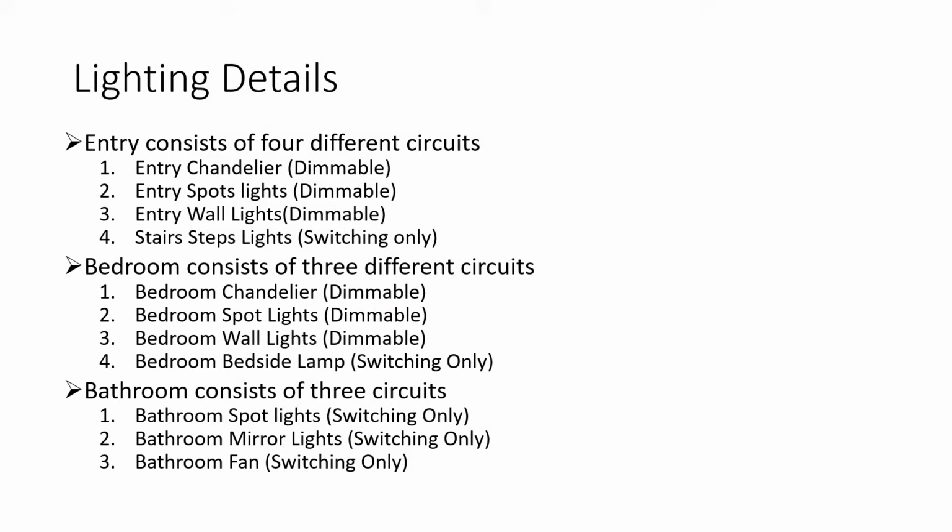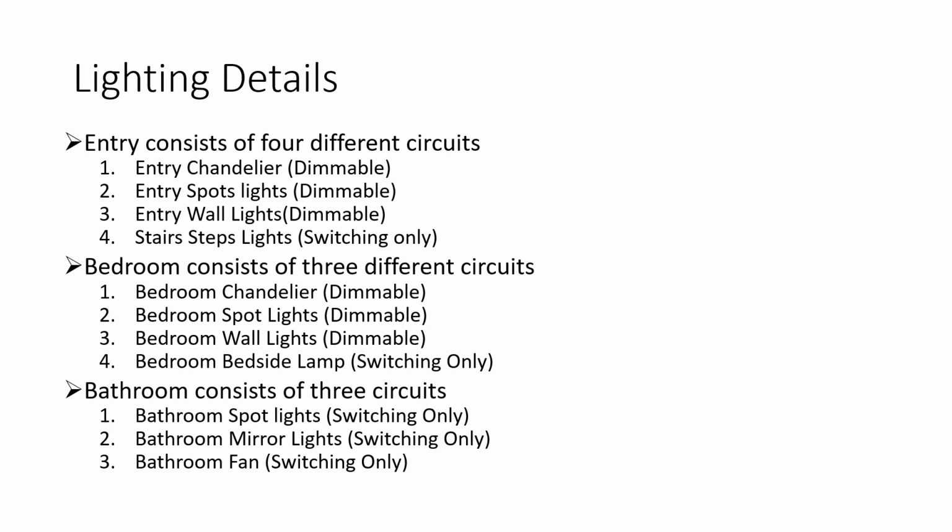We've got all these circuits there: entry chandelier, entry spotlight, entry wall light, and stairs step light, which is switch only. In the bedroom we've got chandelier, spotlight, wall light, and bedside lamp. And in the bathroom we've got spotlight, mirror light, and fan. So we want to cover these.